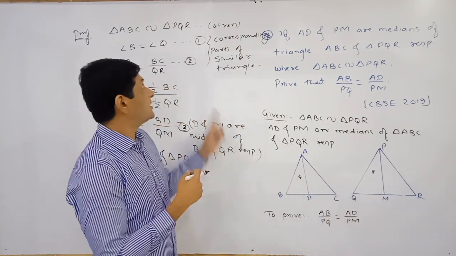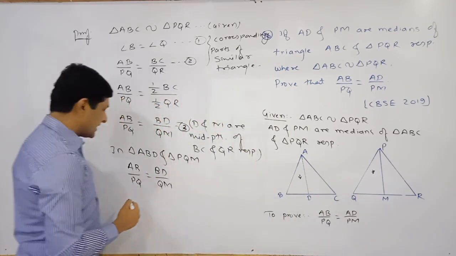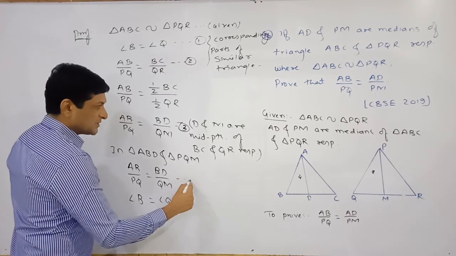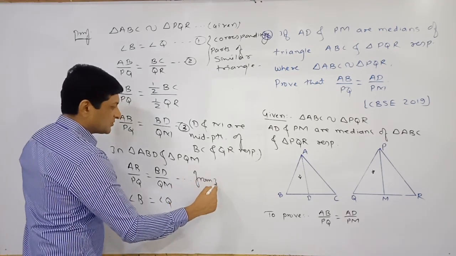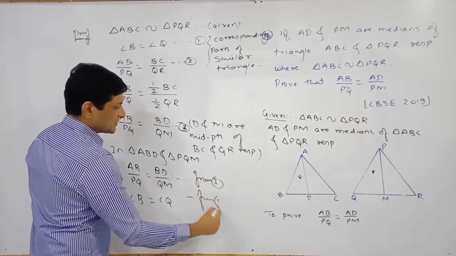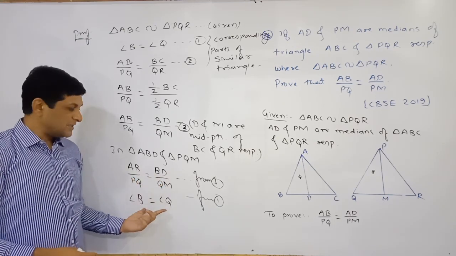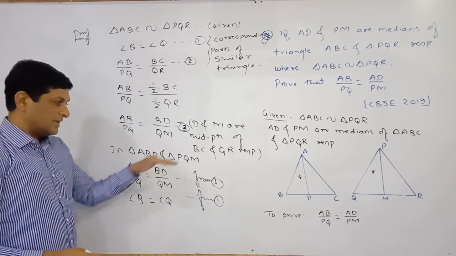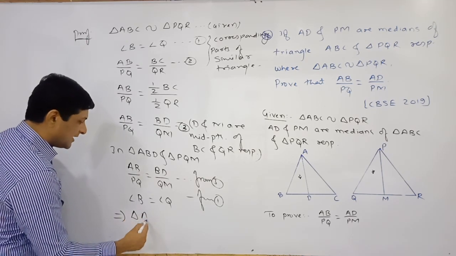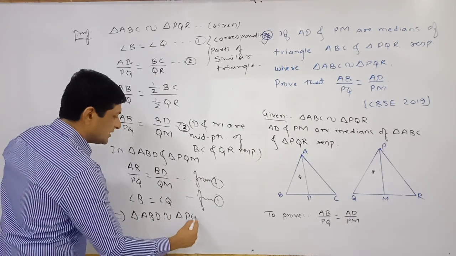Even from equation number 1, angle B is equal to angle Q. This result we are getting from equation number 3, and this result from equation number 1. Now we have shown that two sides are in proportion and their included angles are also equal. That's why we can say that these two triangles are similar. So triangle ABD is similar to triangle PQM.